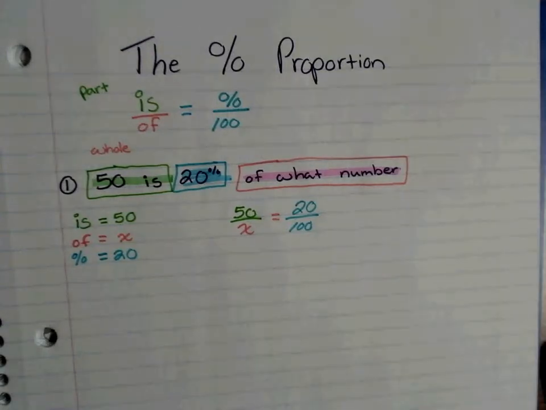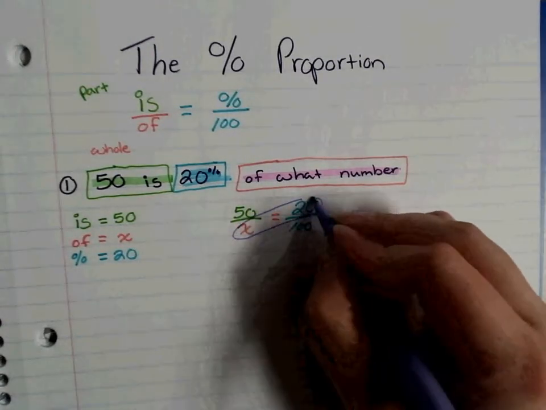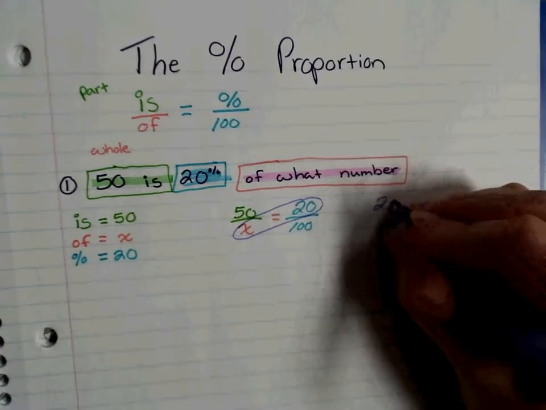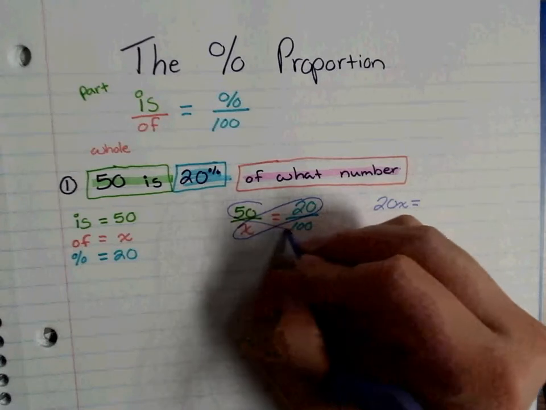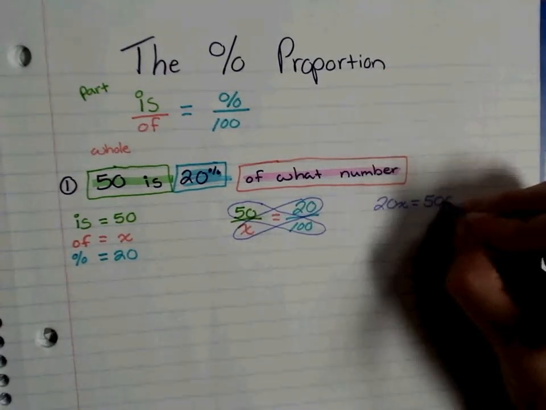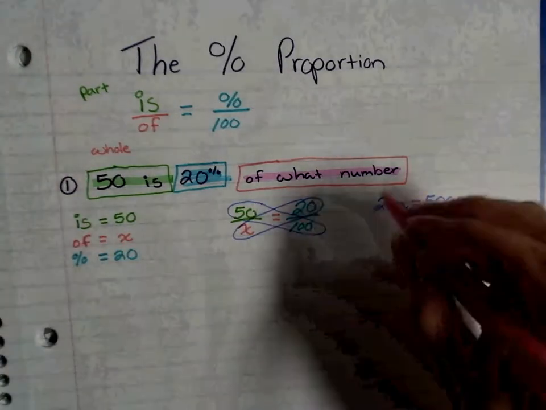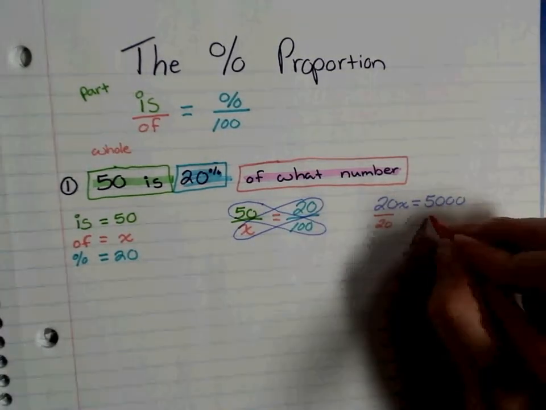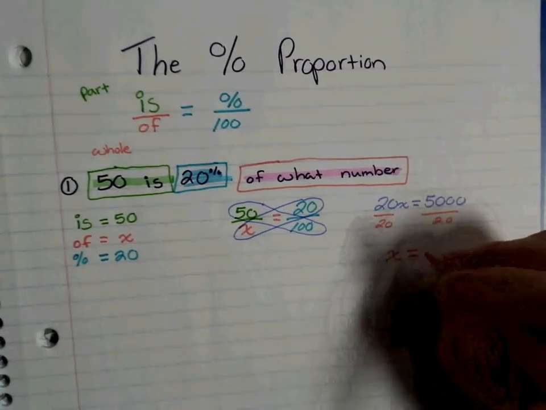We're going to multiply 20 times x, which will give us 20x. We're going to multiply 50 times 100, which is going to give us 5,000. And then we divide both sides by 20. And we'll find out that x, the whole, is 250.